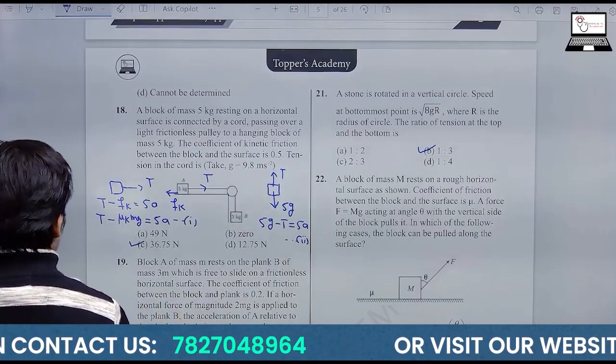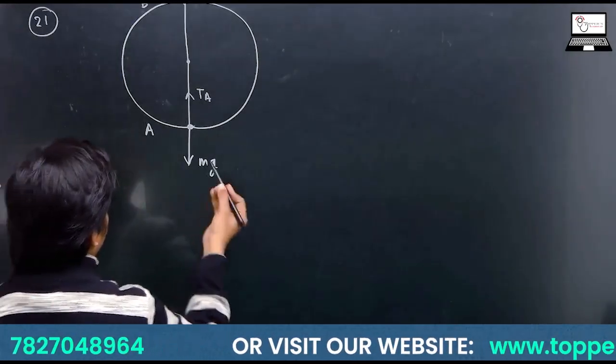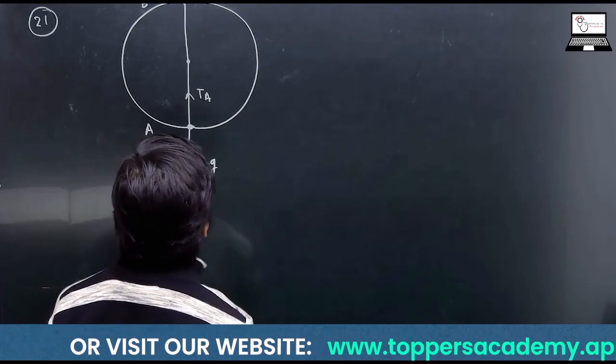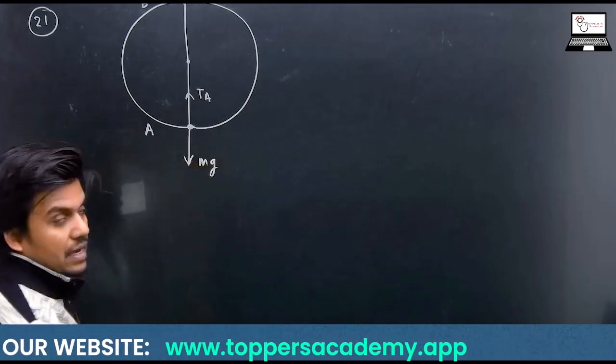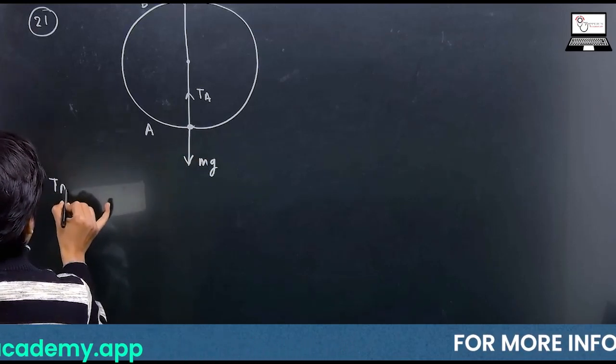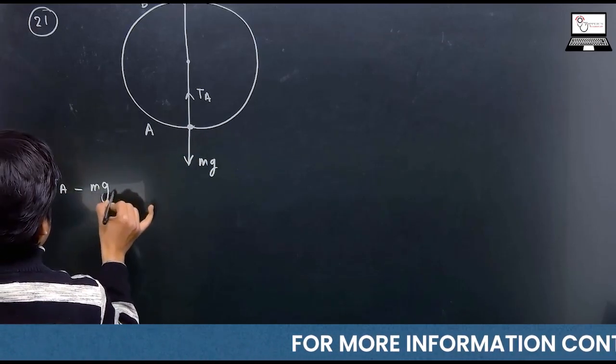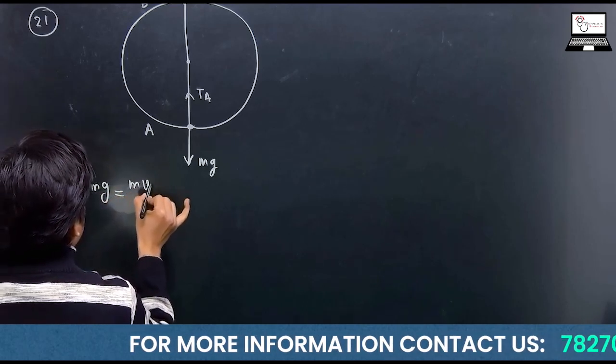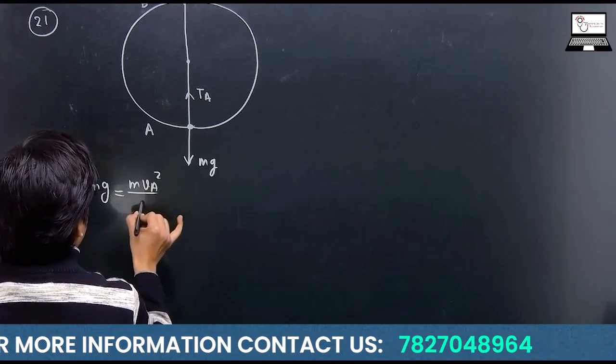Mass is not given, but we are assuming that mass is small m. So I can write that TA minus mg is equal to m va square divided by capital R.